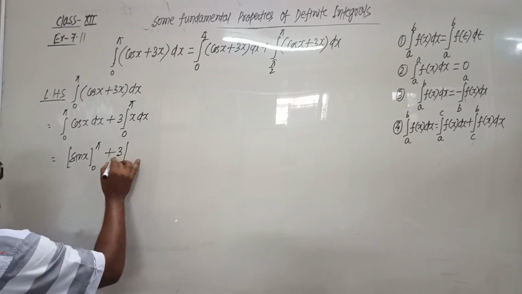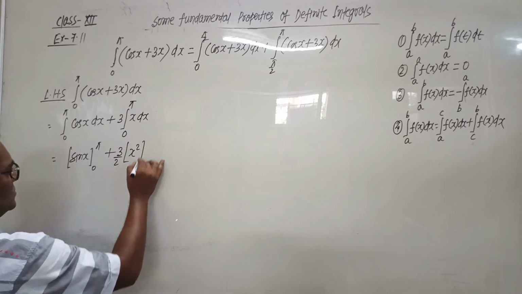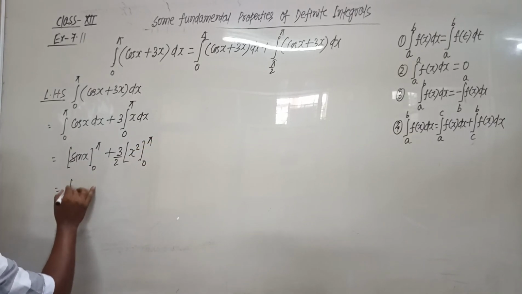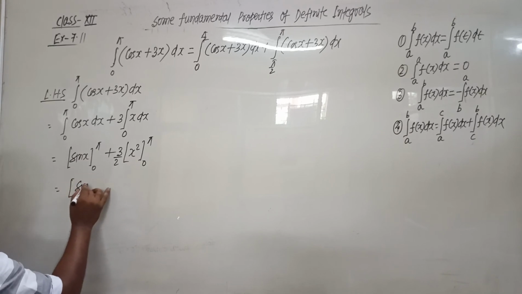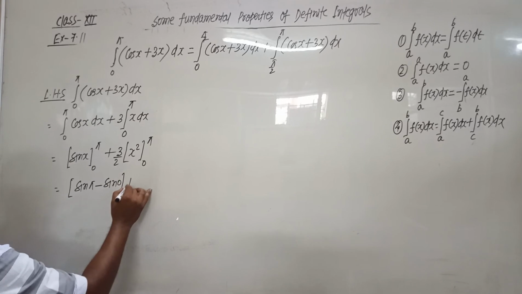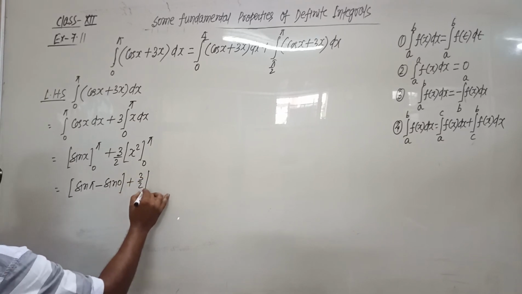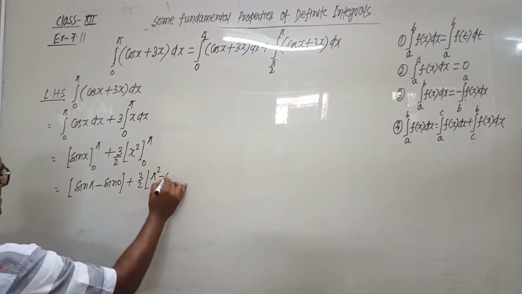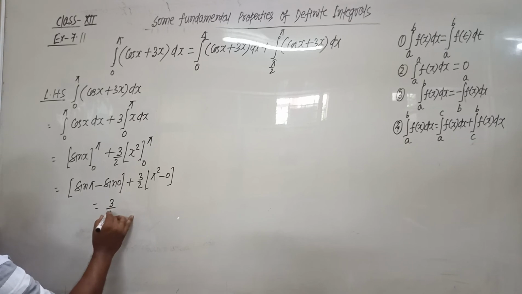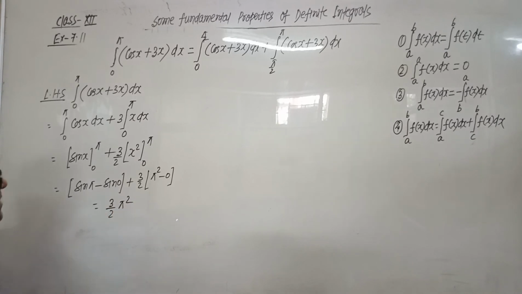Integration of x dx is x square by 2, so 3 by 2 x square, from 0 to pi. Then put the limit. So sin pi minus sin 0 plus 3 by 2 into pi square minus 0. So sin pi is 0, sin 0 is 0. So we get the result 3 by 2 pi square, or 3 pi square by 2.